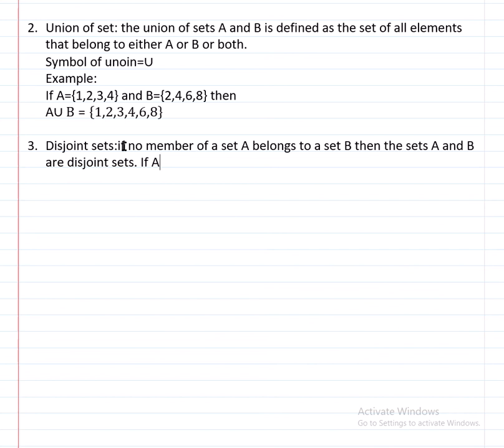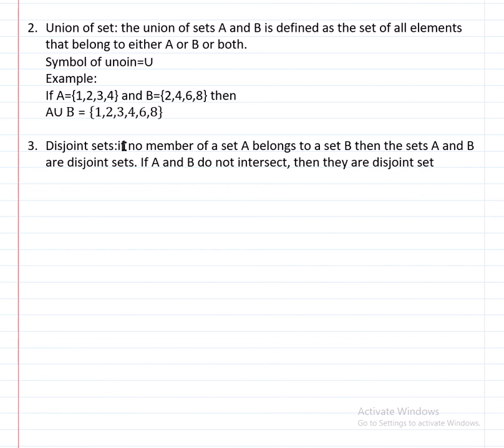If A and B do not intersect, then they are disjoint sets.